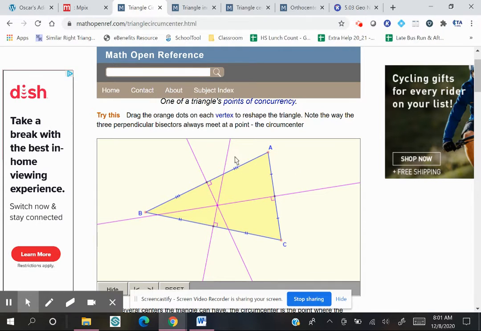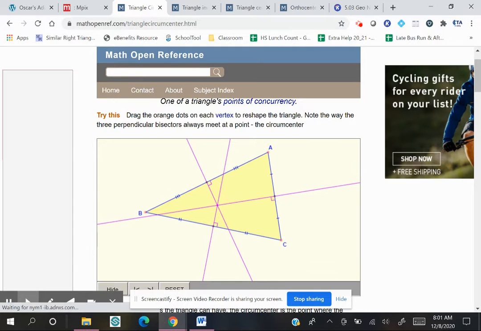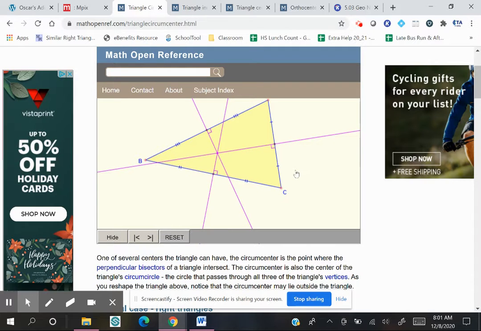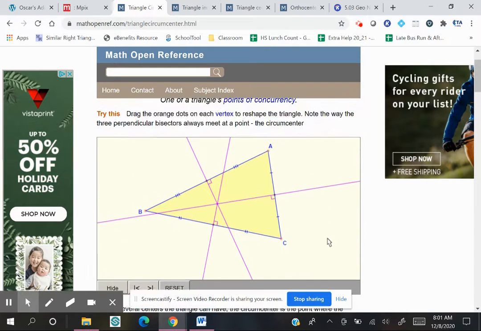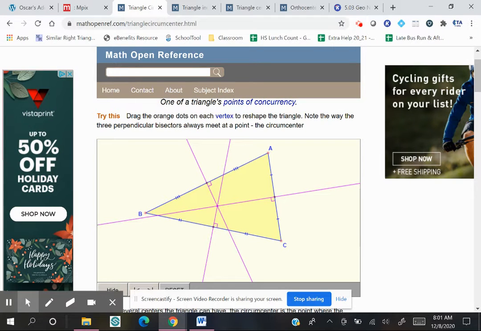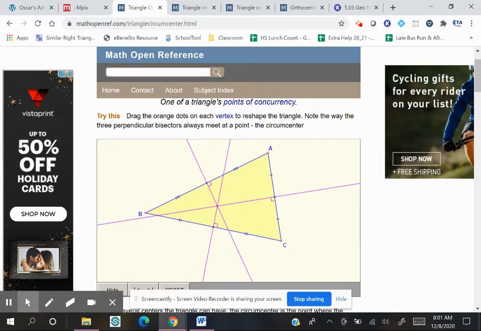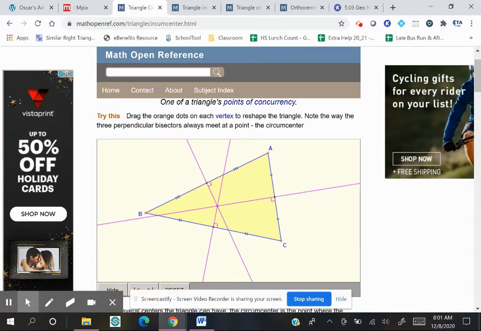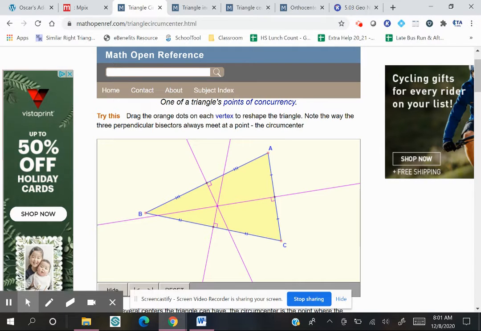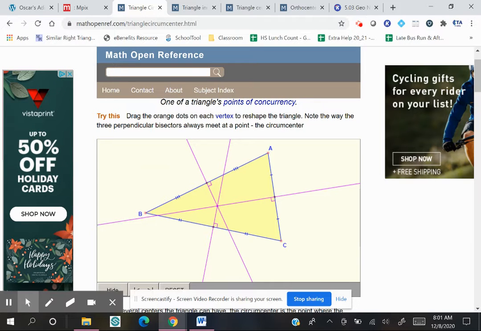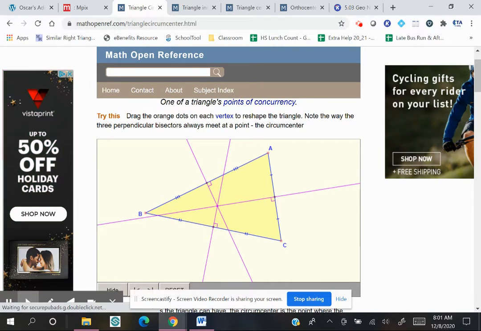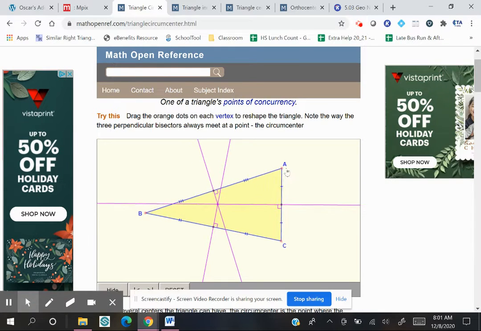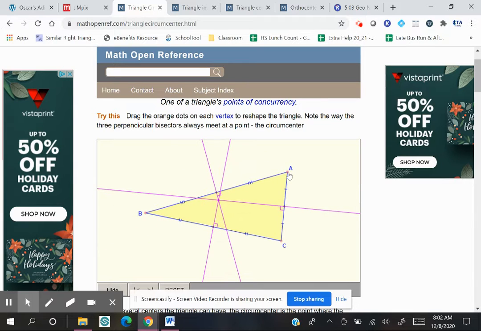So as we take this orange dot and move it, here we have an acute triangle.